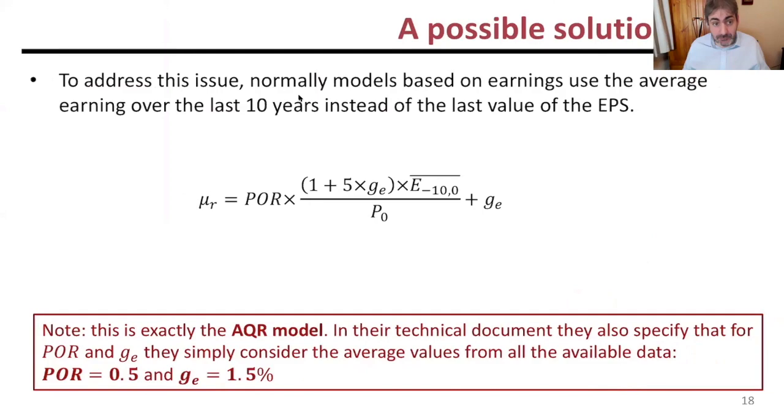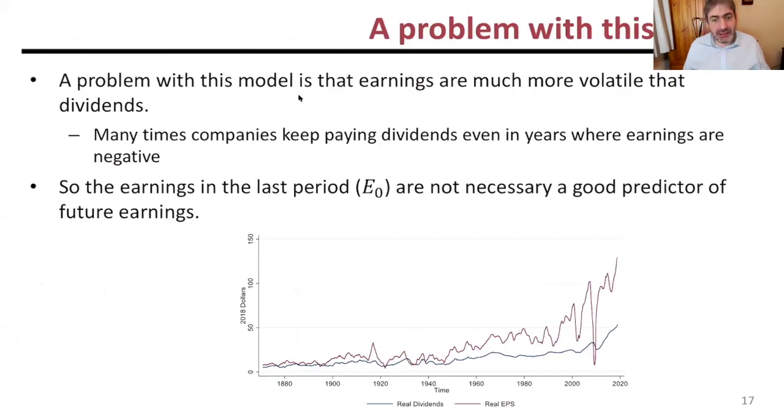So to address this issue, AQR applies a cheat. So what do they do? Well, instead of forecasting the growth rate of earnings using the last 2 years, or the last 10 years, or the last 20 years, or the last 30 years, what we take is all the available data that we have in the US, and we measure the super long run growth rate of earnings.